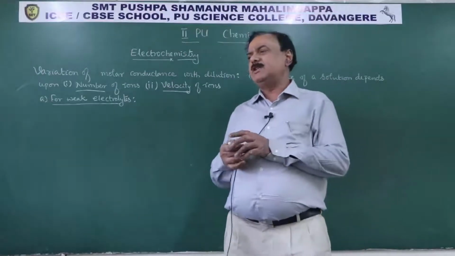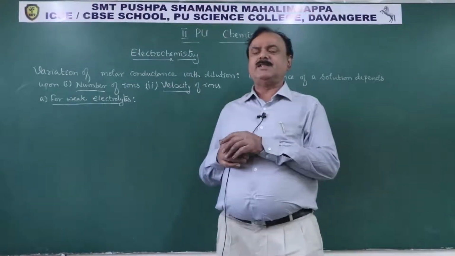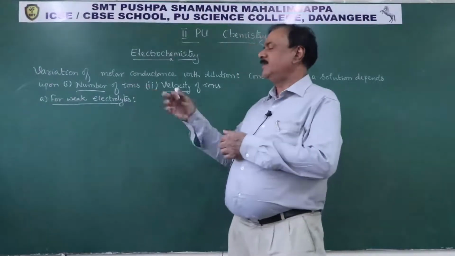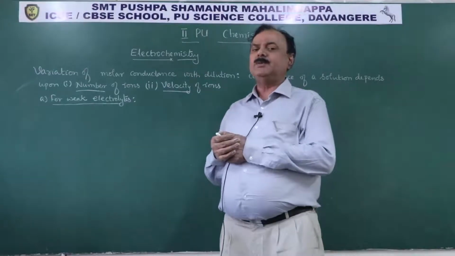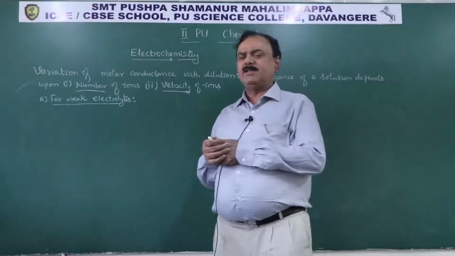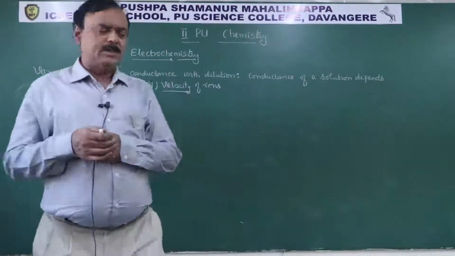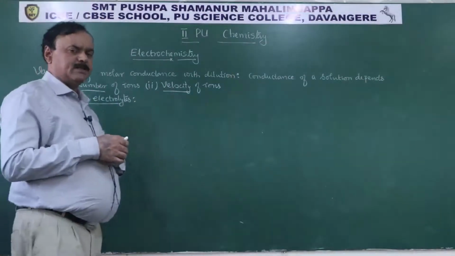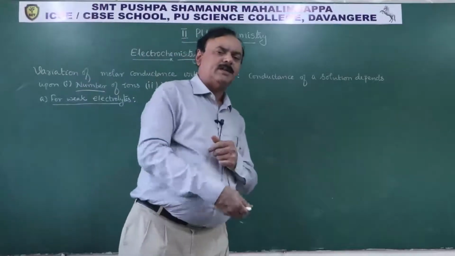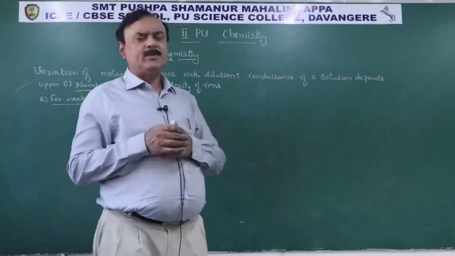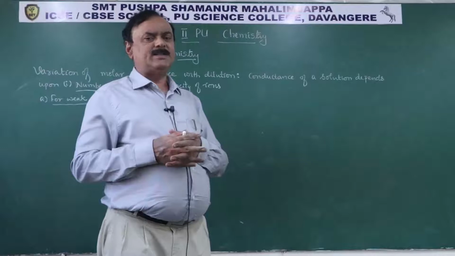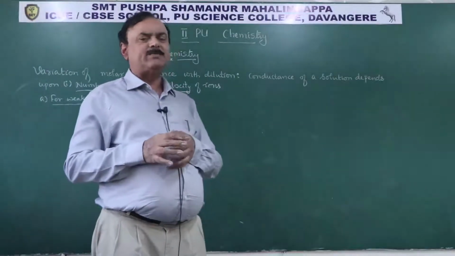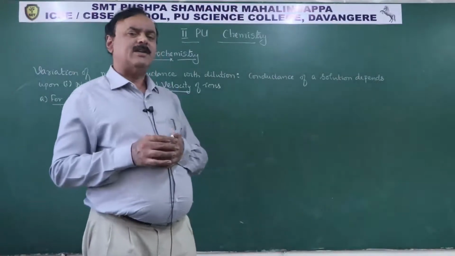Therefore, the number of charged particles or ions present in the solution increases. Since the conductance depends upon the number of charged particles, the conductance increases with increase in dilution.